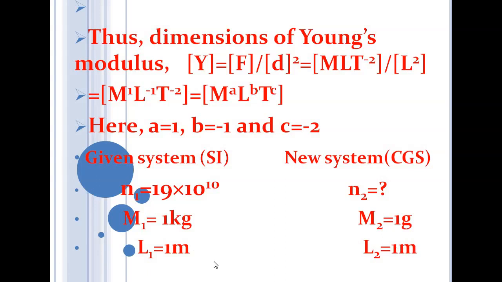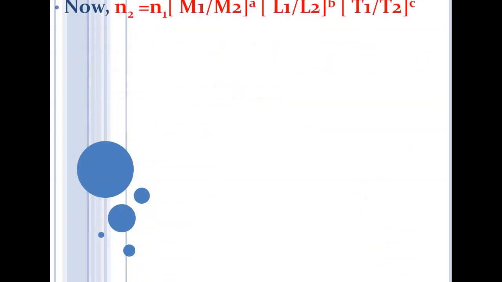So L1 is 1 meter and L2 is 1 centimeter. Similarly, time 1 second, 1 second. Then just apply the relation n2 equals n1, M1 by M2 whole power a, L1 by L2 whole power b, T1 by T2 whole power c.